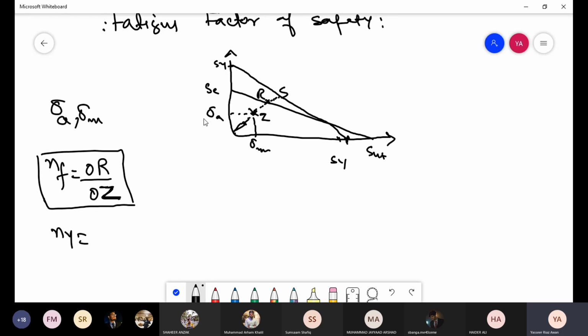So at point S, the yield safety factor is OS divided by OZ. If the fatigue factor of safety is less than 1, that means we are in this region and we would have some finite life, not infinite life. And if the yield factor is less than 1, obviously your design has failed because it has yielded in the first cycle.